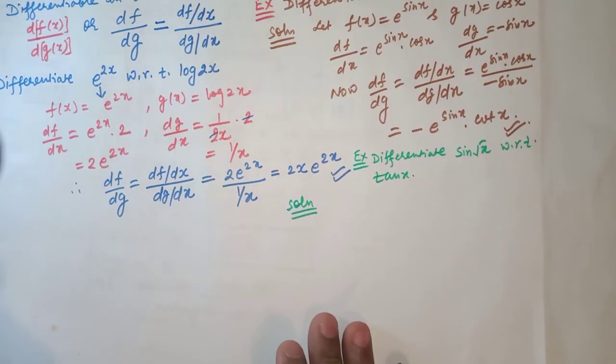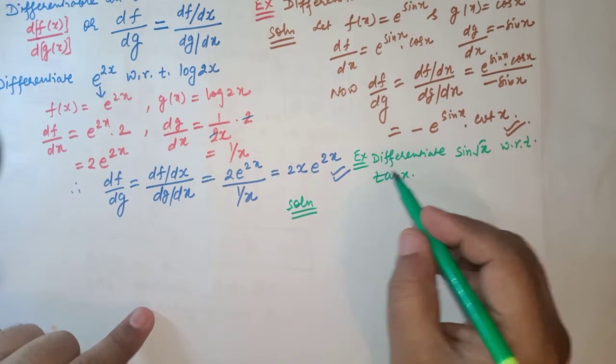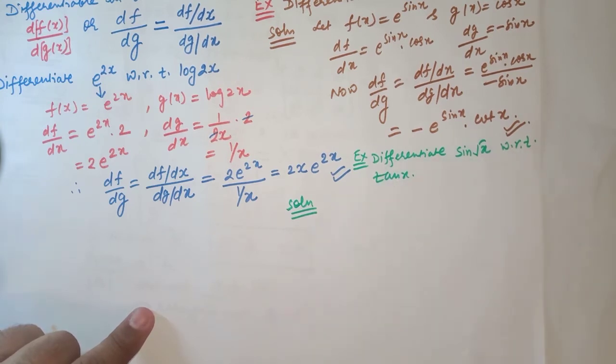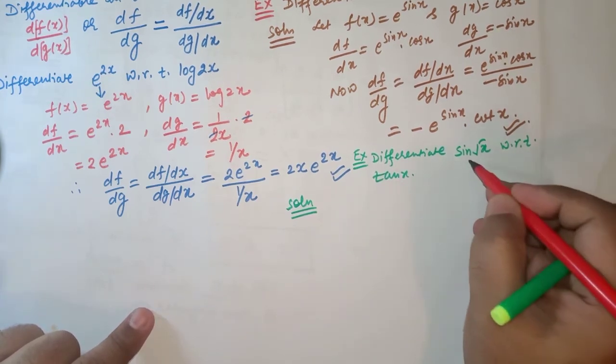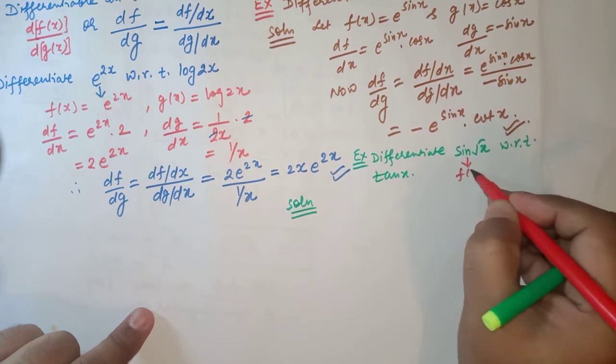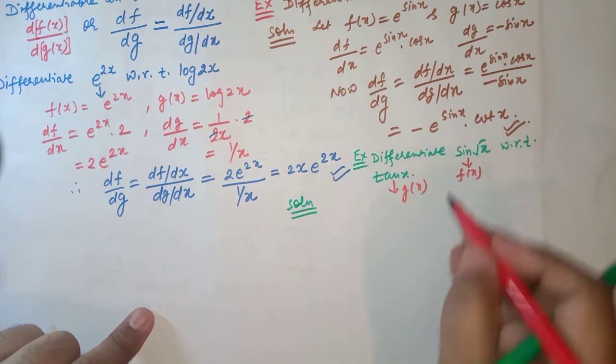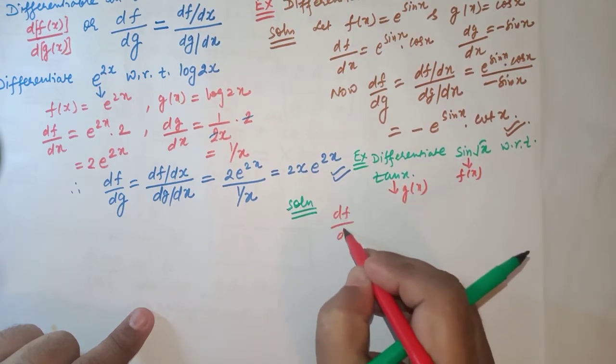Now let us take one more example. Here we have to differentiate sine root x with respect to tan x. So we will assume this function as f(x) and this function as g(x). Then we'll find df over dx.